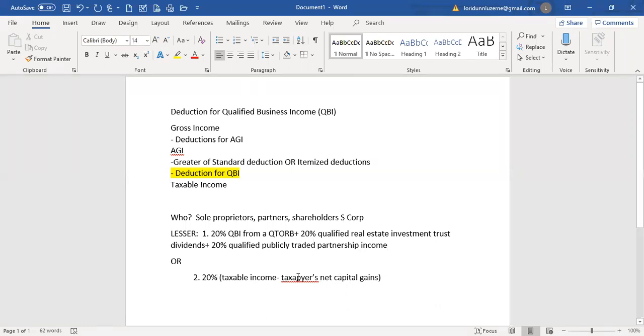Okay, so it's the lesser of the 20% of taxable income minus net capital gains, including qualified dividends. Okay, so it's gone a little bit beyond what you would think qualified business income is. So we want to make sure we understand how to calculate these different items.